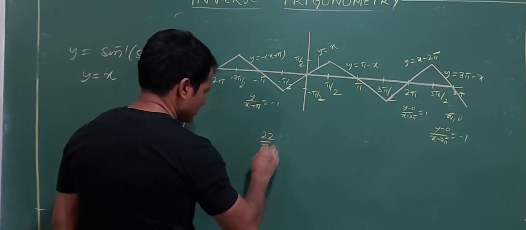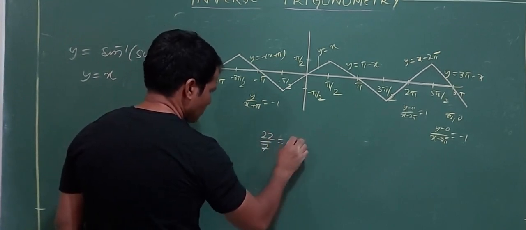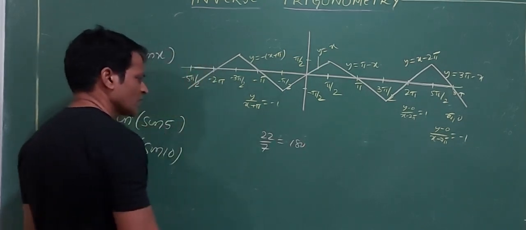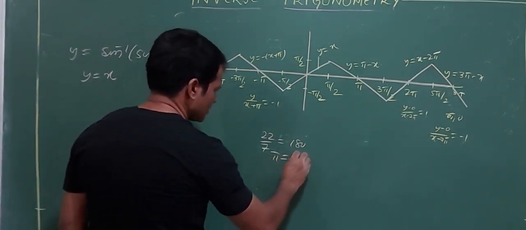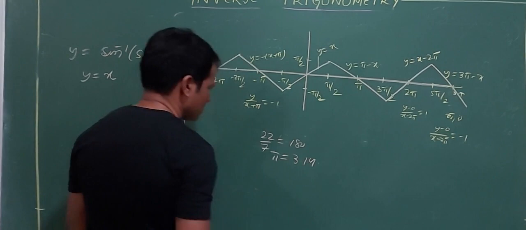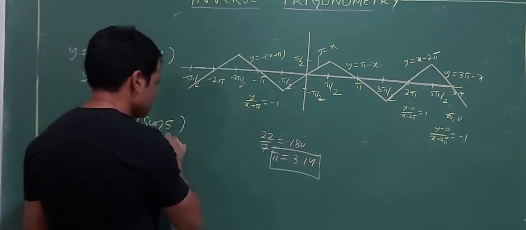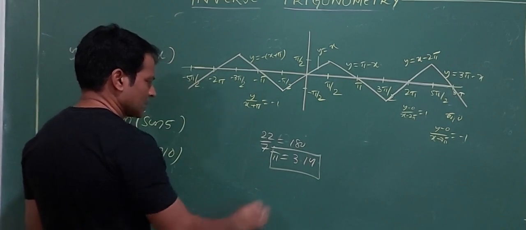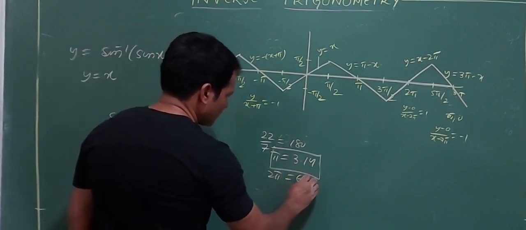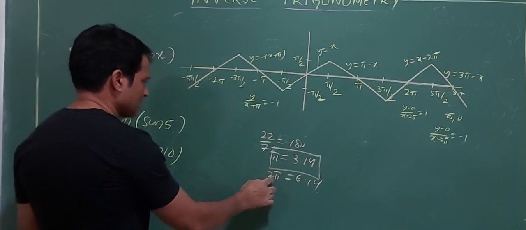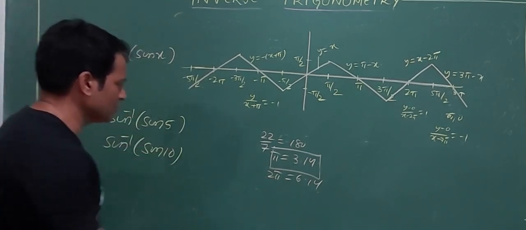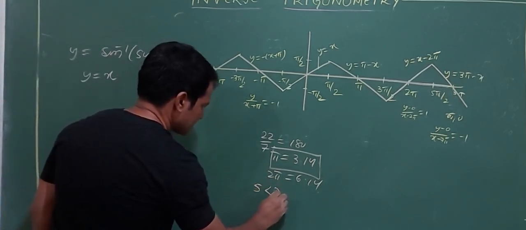22 by 7 is equal to 180 degrees, that means pi is equal to 3.14. So 5 is this, that means 2 pi is equal to 6.28. That means 5 is more than pi but less than 2 pi.